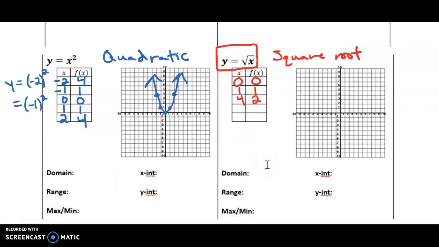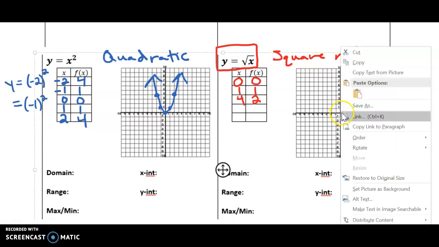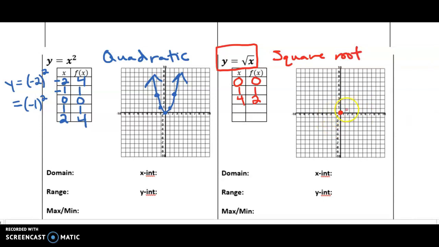Excellent, right, the square root of 4 is 2, and so I have my 3 key points. I'm going to stop at 3 and go ahead and graph these. And so I have 1 point at (0, 0), 1 point at (1, 1), and then 1 point at (4, 2). And we see that when we connect these dots, I did not do a good job at connecting those dots.